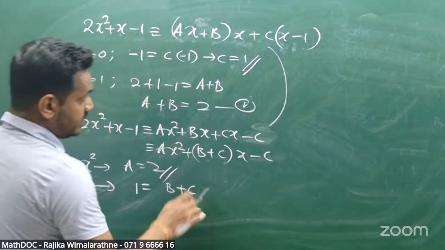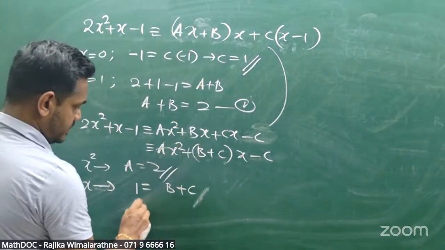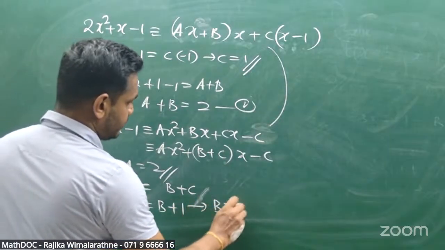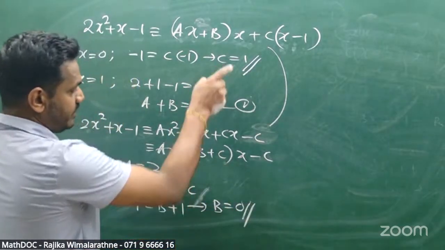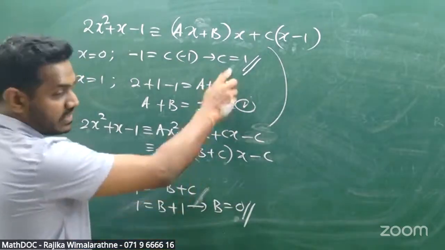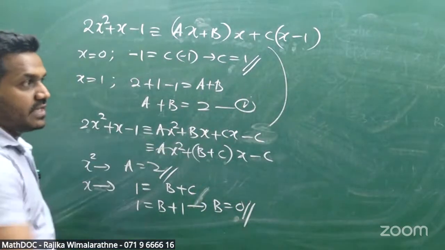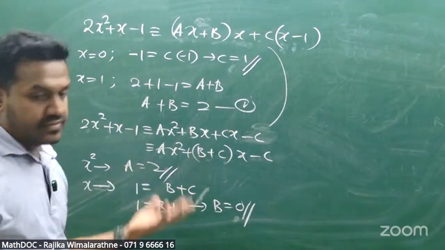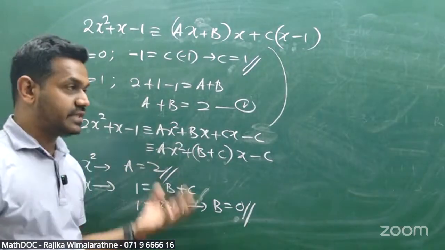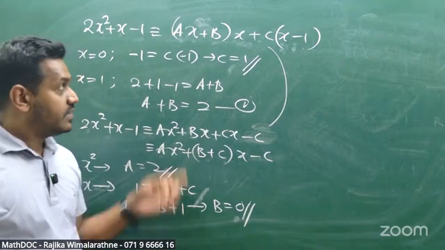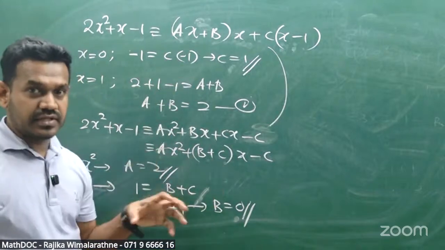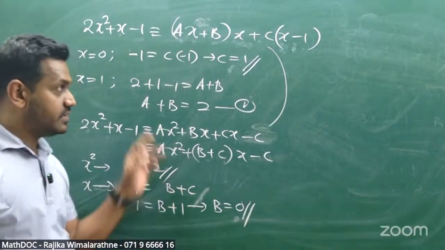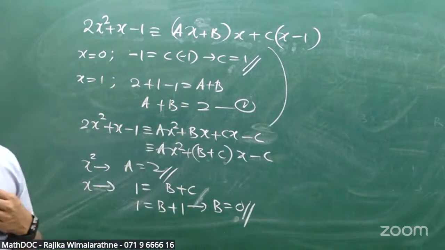With c equal to 1, 1 equals b plus 1, so b is 0. So a is 2, b is 0, c is 1. That is just the hybrid technique, combining value substitution with coefficient equating, and then you find the unknowns. Okay, do that one.